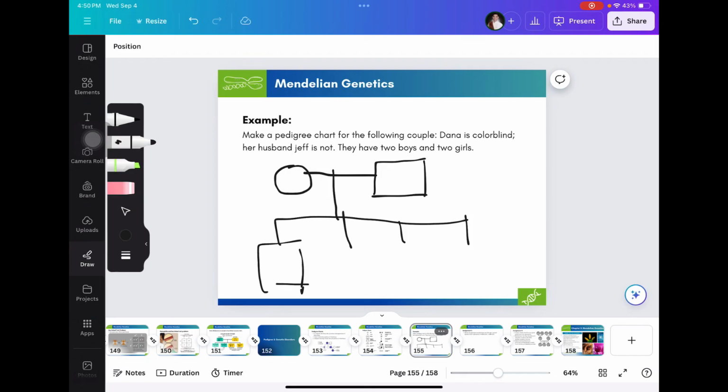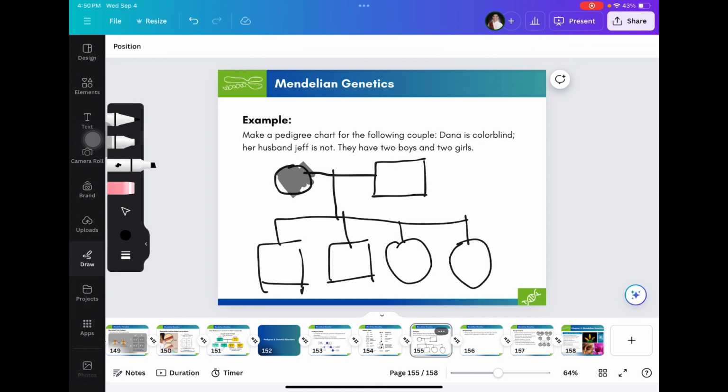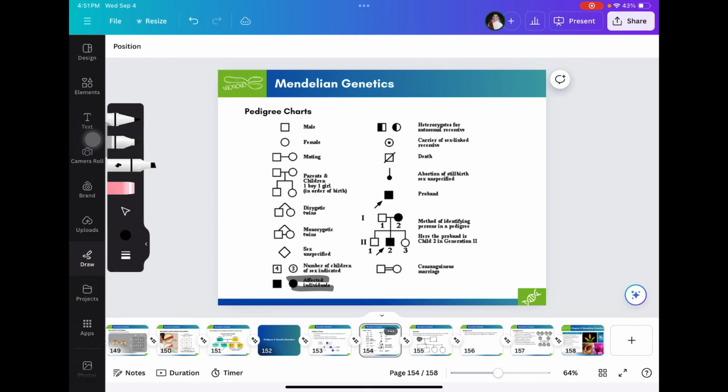So I'm going to illustrate 2 squares and 2 girls, so dalawang circle. Now the next question is, si Dana, she's colorblind. So I'm going to highlight Dana with black color because according to our pedigree charts, may coloration yung affected individuals.